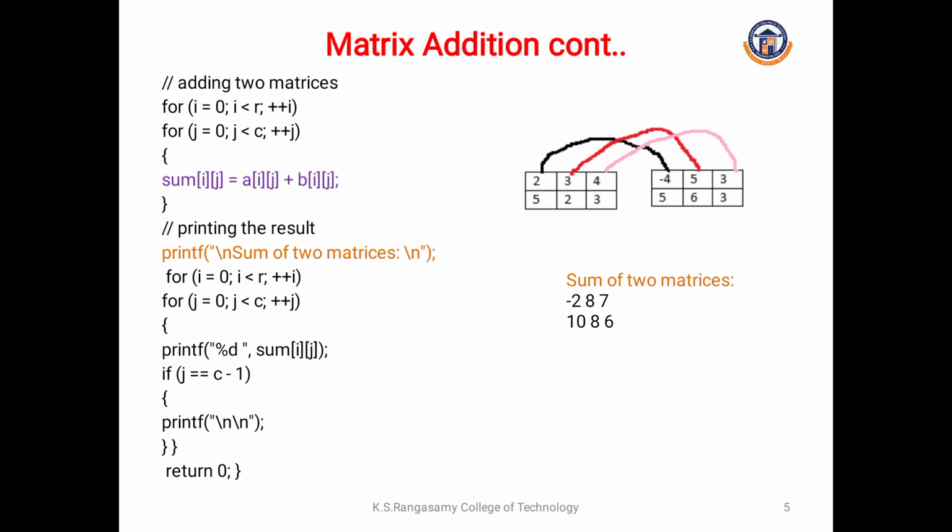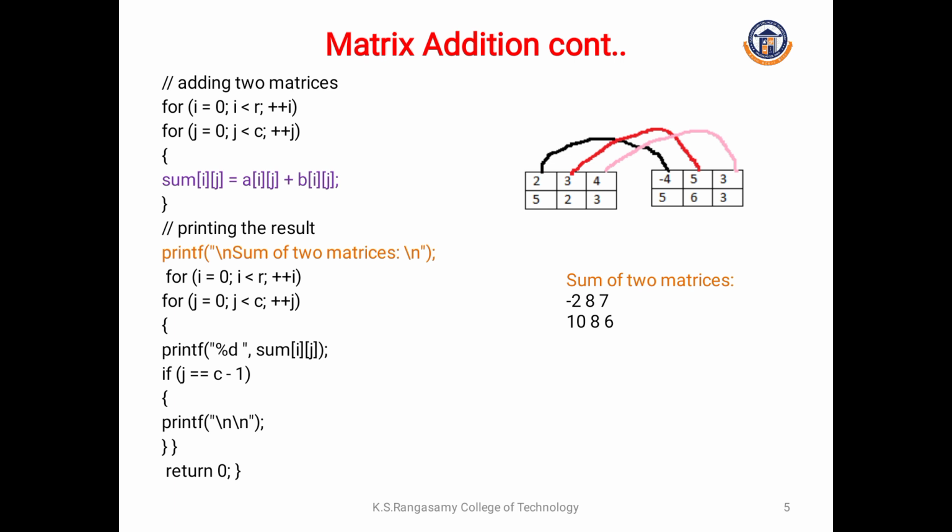In the first matrix, the first row values are 2, 3, 4, and the second row is 5, 2, 3. In the B matrix, the first row values are -4, 5, 3, and the second row is 5, 6 and 3.